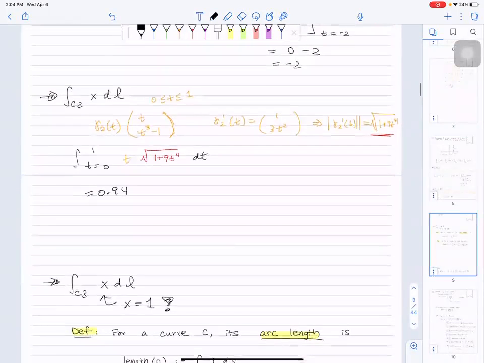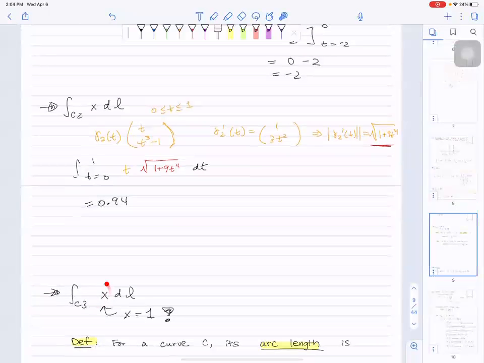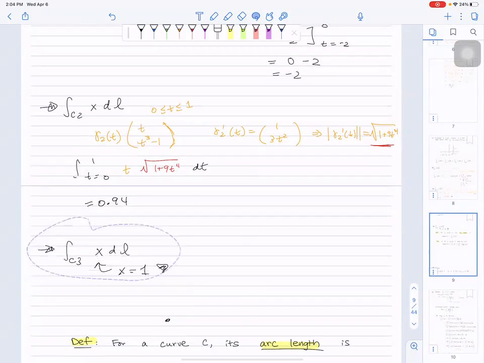And for our final parameterization, there's another trick. We're doing the integral of x over the third path. But what happens when we plug in this path? It's kind of crooked, but this is supposed to be x equals 1. So if x equals 1 no matter what, when we plug in some parameterization into our integrand, this x is 1.